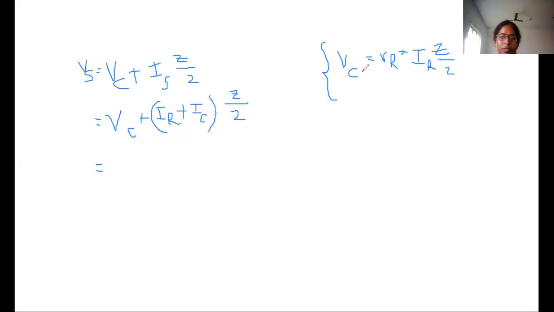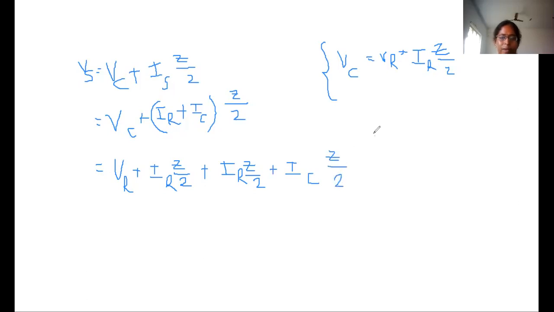Okay, so substitute the Vc value here. So Vr plus Ir into Z by 2, plus Ic into Z by 2.